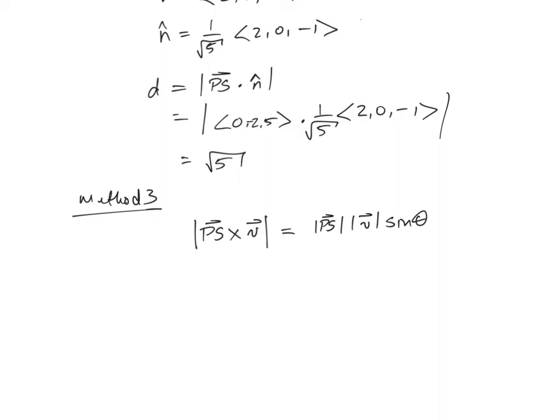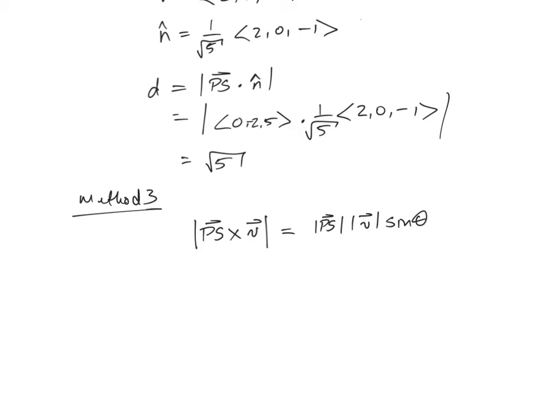Which means we don't have to worry about writing an n hat here at the end. Well, what does this give us? We know the vector PS, we know the vector V, so we can find their cross product using the determinant method. So we can get a number for the left-hand side of this equation. We can also find the magnitude of PS and the magnitude of V, which means we can find the angle theta.